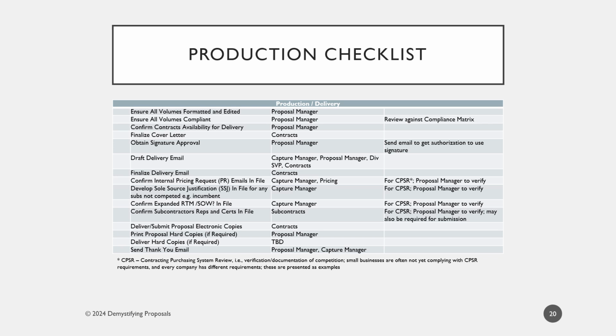So if you don't have one of these for your company, where you know who is responsible for, say, finalizing the cover letter or drafting the delivery email or confirming that you have signature authority or all of those things, then developing this kind of a production checklist might be a useful exercise for your company.